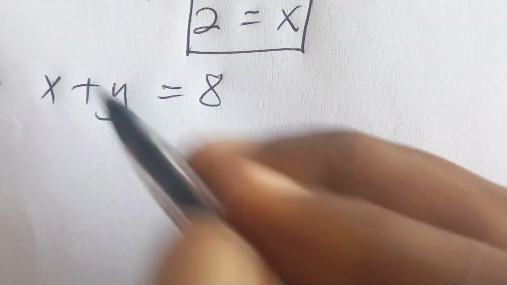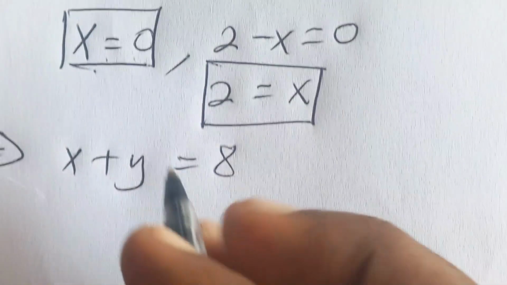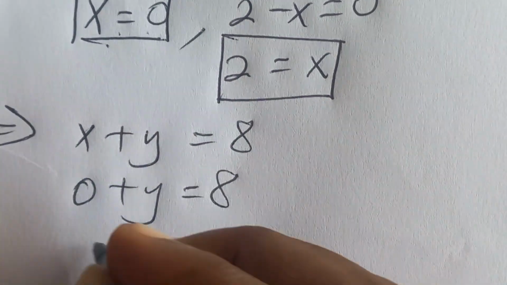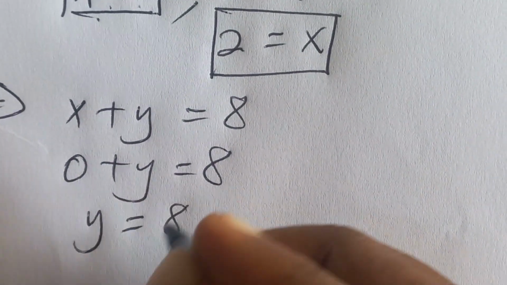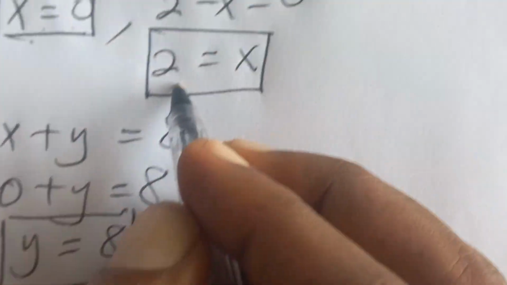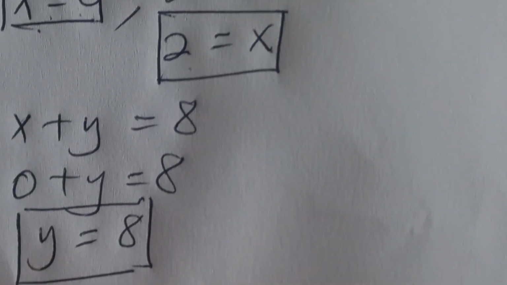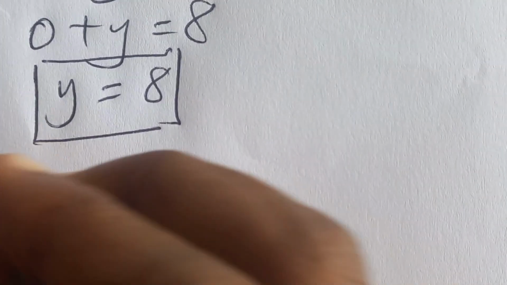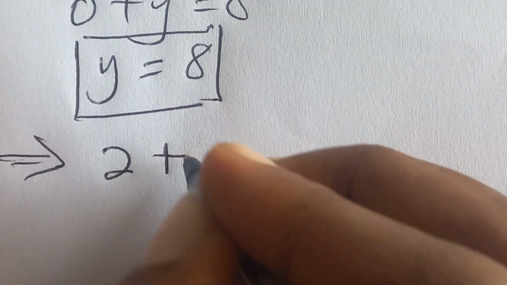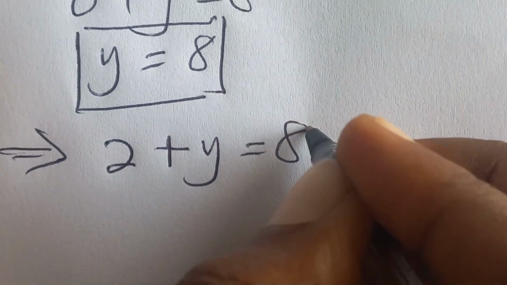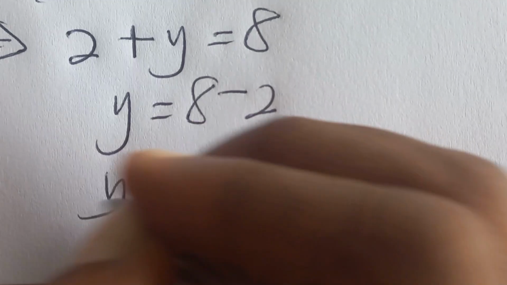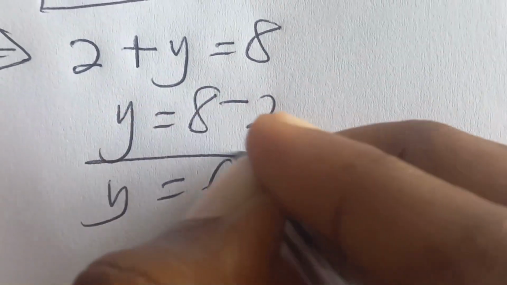Okay, so in this case, when x is equal to 0, we have 0 + y = 8, so we have y = 8. And when x is equal to 2, we have 2 + y = 8, so y = 8 - 2, so y = 6.